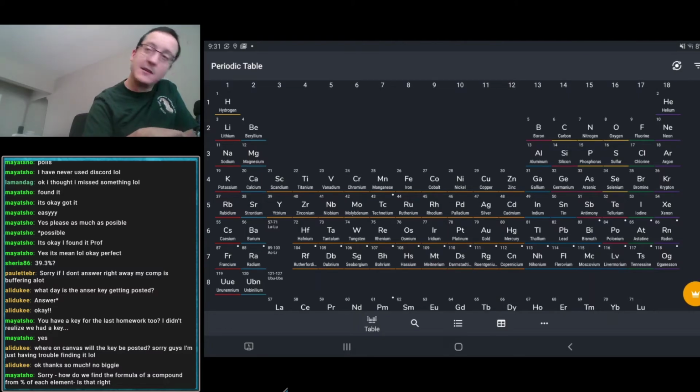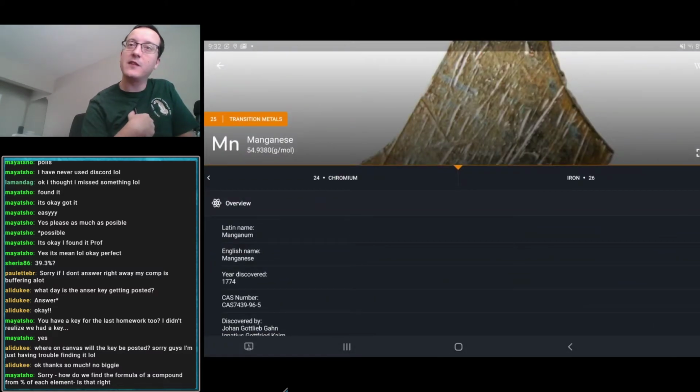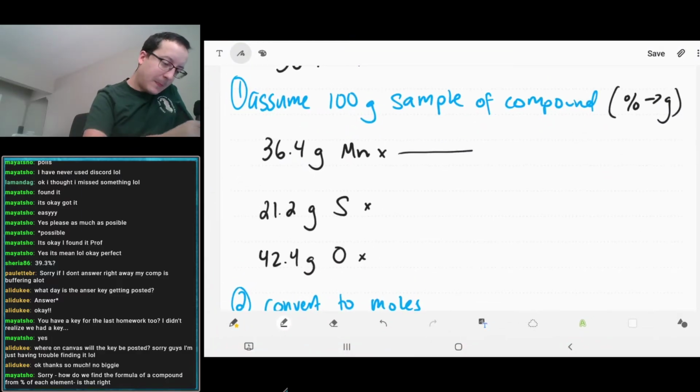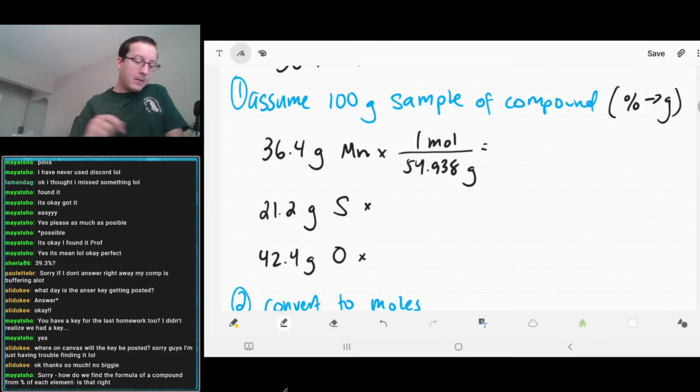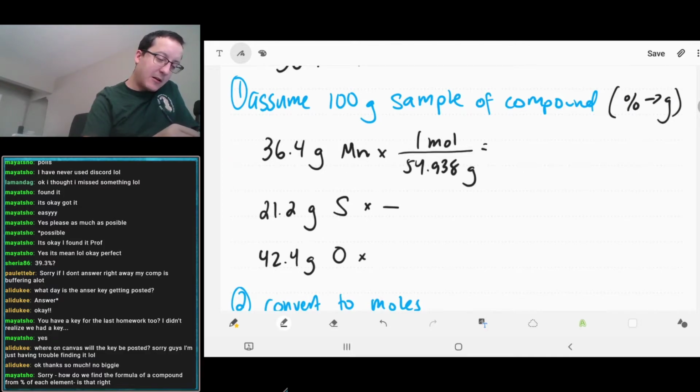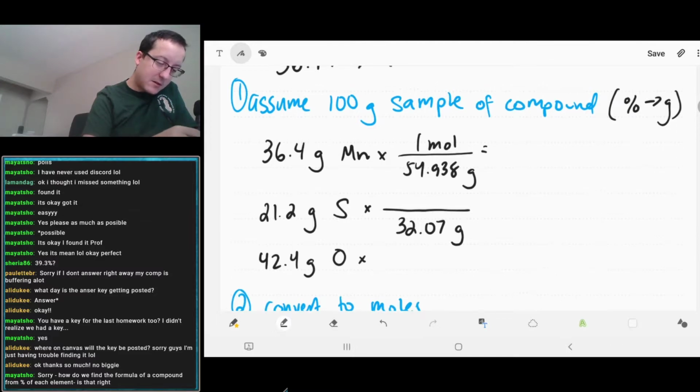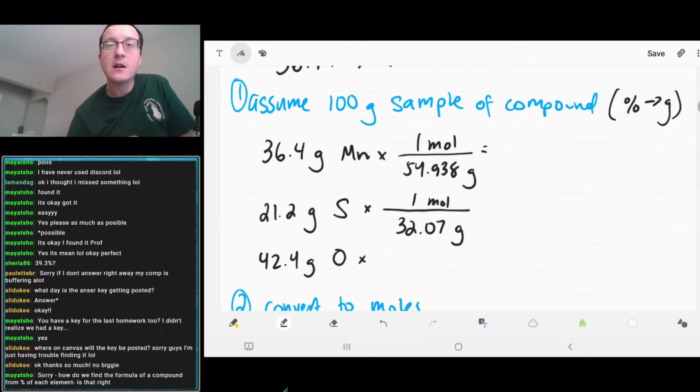Manganese is over here, number 25. We would see its atomic mass is 54.938. And with sulfur, I already know that one is 32.07 grams for 1 mole. These are just the atomic masses.